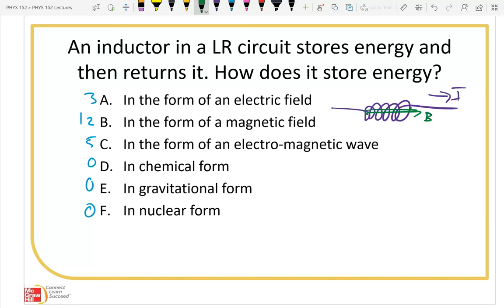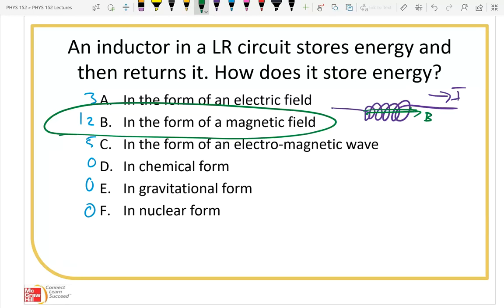The current creates the magnetic field. When you stop forcing the current, you still have that magnetic field, and then the magnetic field returns the energy by creating a current as per Lenz's law, or Faraday's law. So the magnetic field drops and produces a current as it drops until you give it all back. So the correct answer was in the form of a magnetic field.